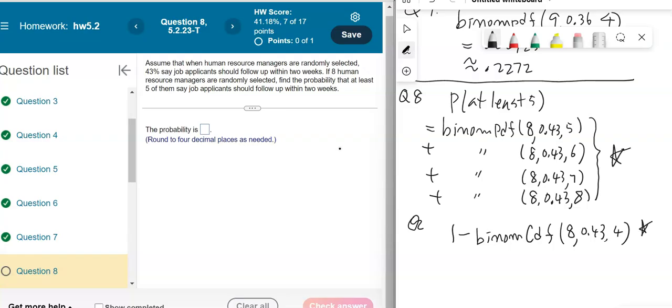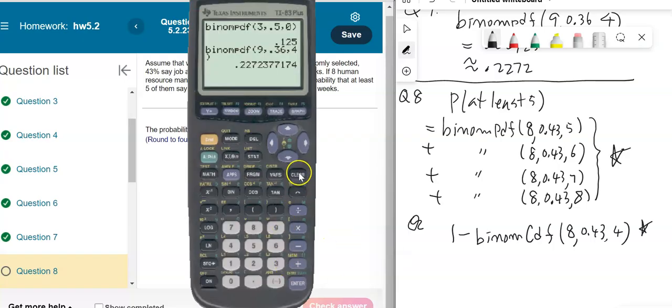So I'll do the bottom one. I'm going to clear that. 1 minus second bars and go to binom CDF. I'm going to try that one, so I don't need to add all 4 of them. So it is 8 comma 0.43 comma 4.